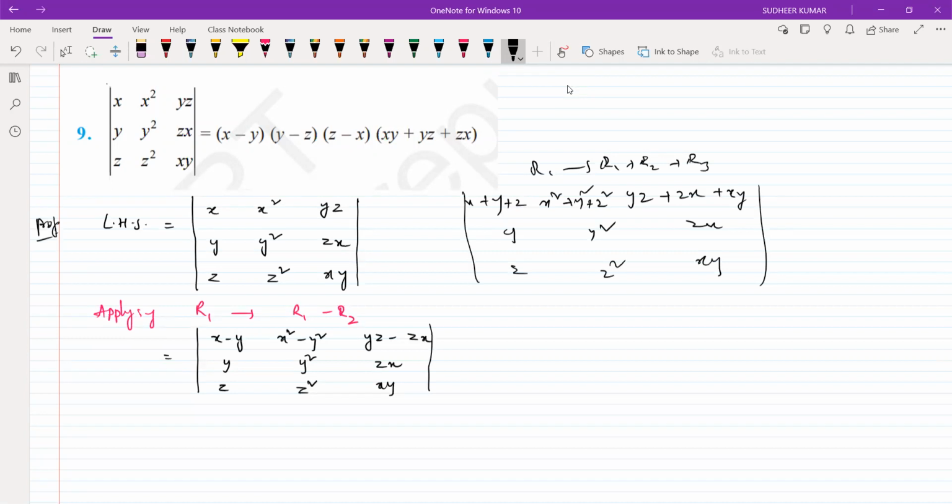Can we take anything common? We cannot take common, so we would have to do more steps again. At last, after a few steps, we'll get this format only. So it is lengthy.